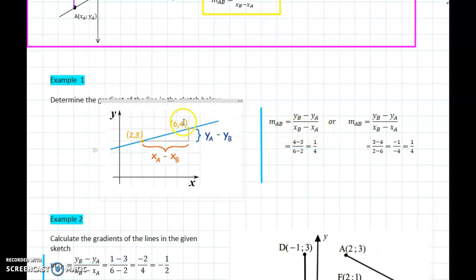If I consider this as my y_B, then it's 4 minus 3. And I start with 4, so I must start with that x value, 6 minus 2. So 4 minus 3 is 1, and 6 minus 2 is 4. So the gradient of this line is a quarter. That means for every 1 step up, I must go 4 steps across.